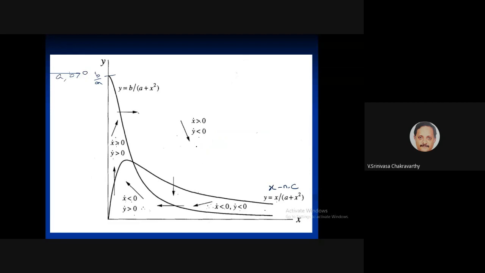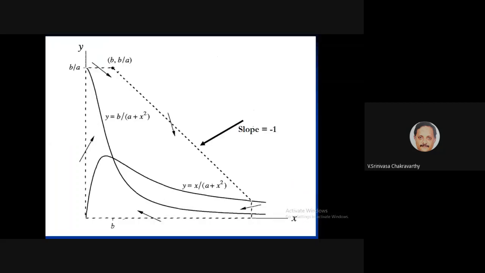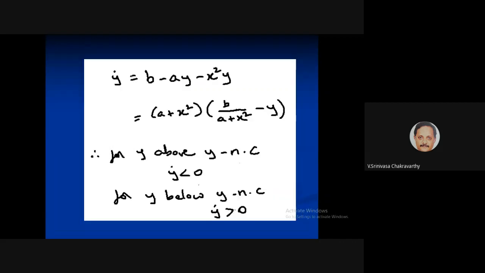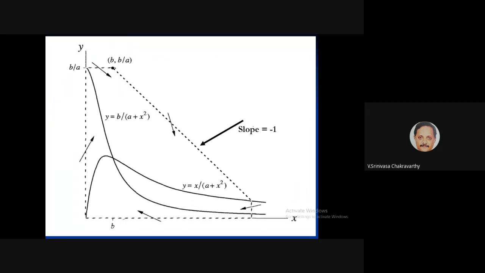Now take this small stretch, up to the point b and b by a. So you see that on the y-axis, this value is b by a. On the x-axis, I want to go up to the point b, and that point happens to be exactly the coordinate of this intersection point.